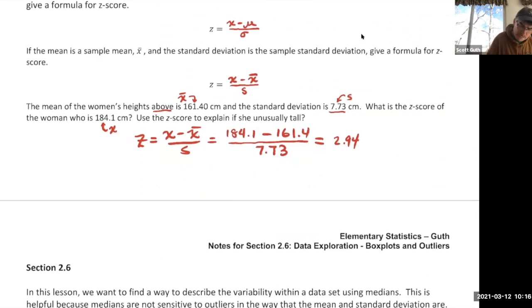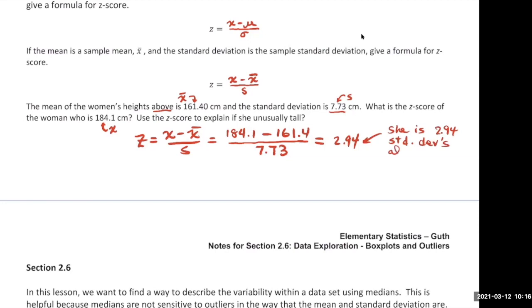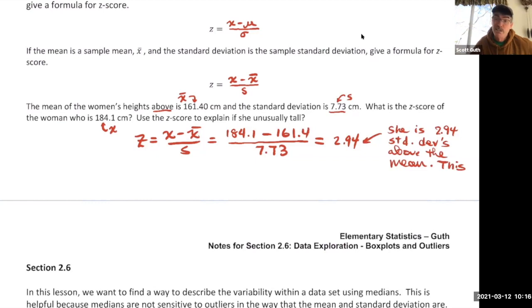So in this case, this woman is 2.94 standard deviations above the mean. So it would be considered over, right? Because it's over 2. Yeah, it's more than 2 standard deviations. Yes. So this is unusual. I'll say unusually tall.